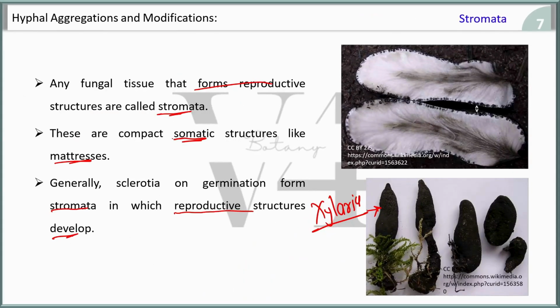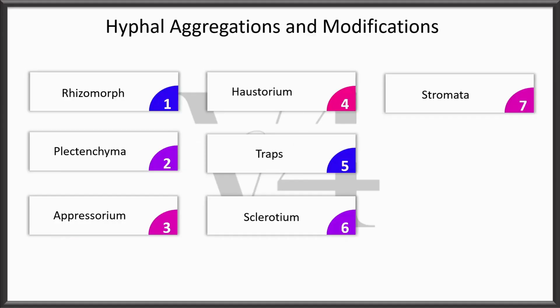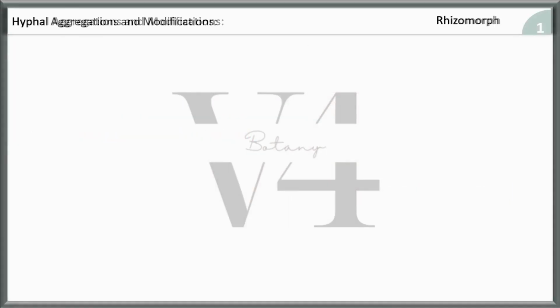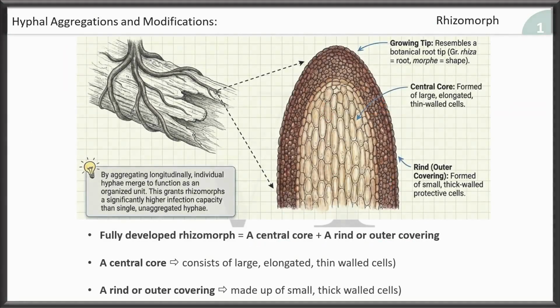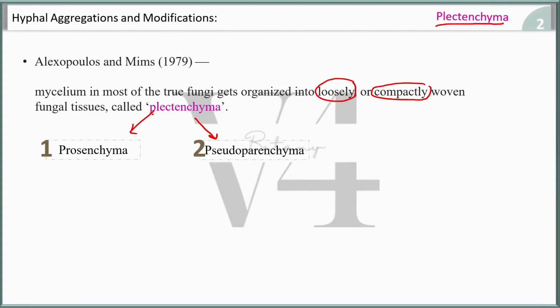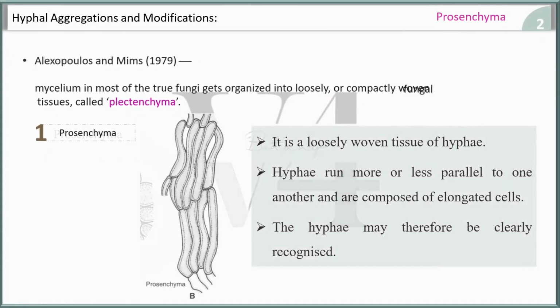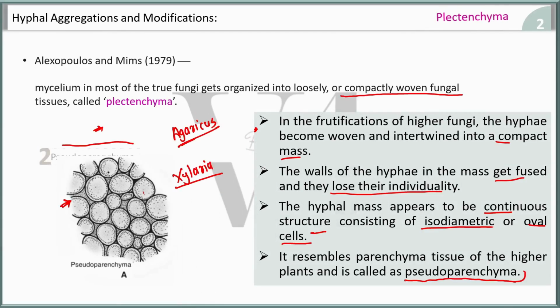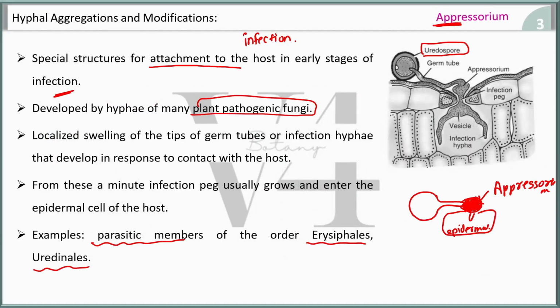So here we have studied all these 7 hyphal aggregations and modifications. First, rhizomorph. Second, Plectenchyma, which is of two types: Prosenchyma, a loosely woven mass, and Pseudoparenchyma, a compactly woven fungal mass.